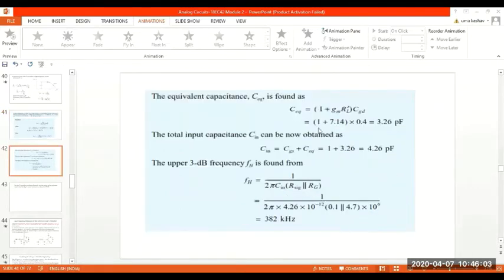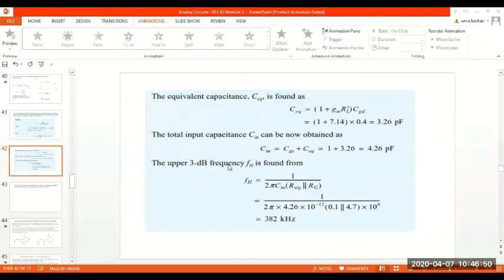Then C equivalent we should find, which we determined is CGD into 1 plus gm RL dash. So here, C equivalent we'll get as 3.26 picofarad. Now the total input capacitance Cin is CGS plus C equivalent, which will turn out to be 4.26 picofarad.